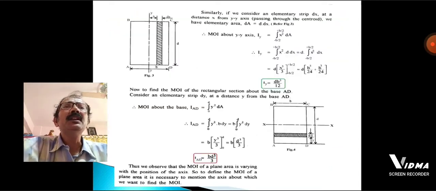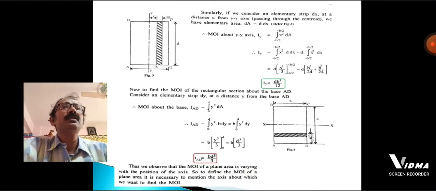Similarly, if we calculate the moment of inertia about the y-axis, we consider an elemental strip dx at a distance x from the y-axis passing through the centroid. Just like the previous discussion, dA should be d into dx. From this figure it is clear.